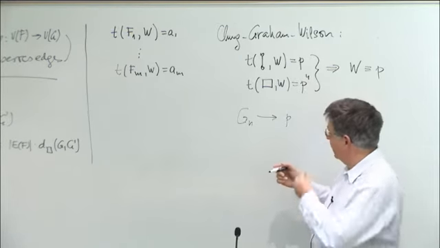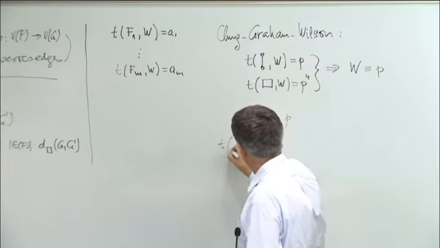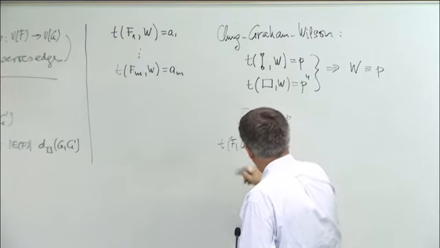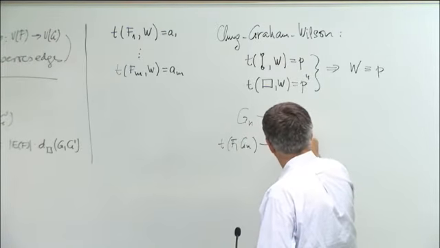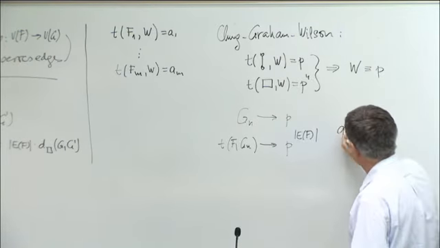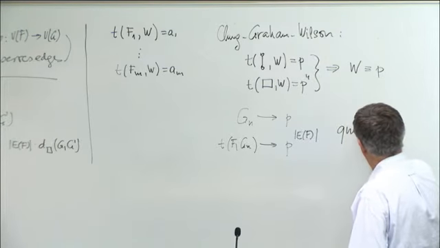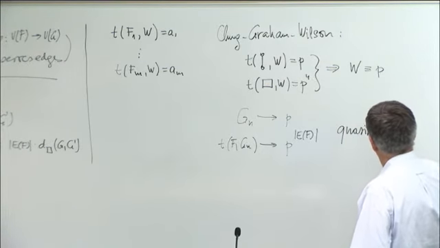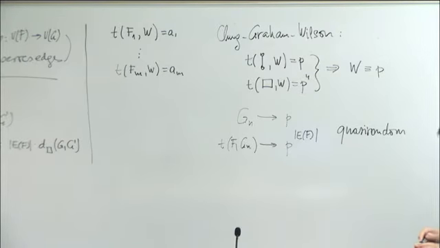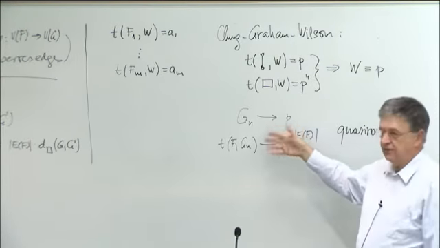So that means that T, F, G, N, for every F tends to P to the number of edges of F. So this means quasi-random, and they give a number of very interesting equivalent conditions.